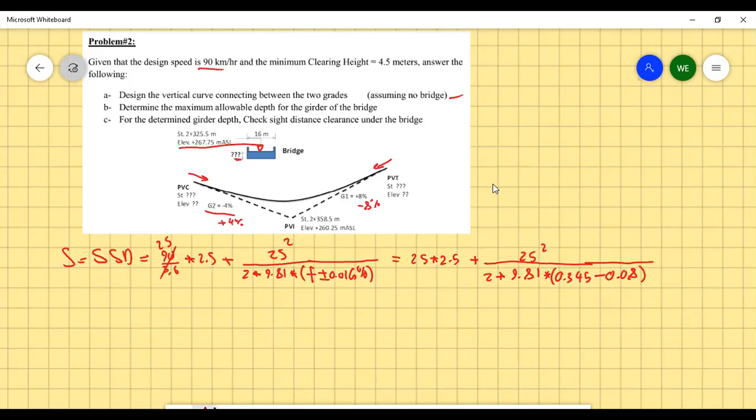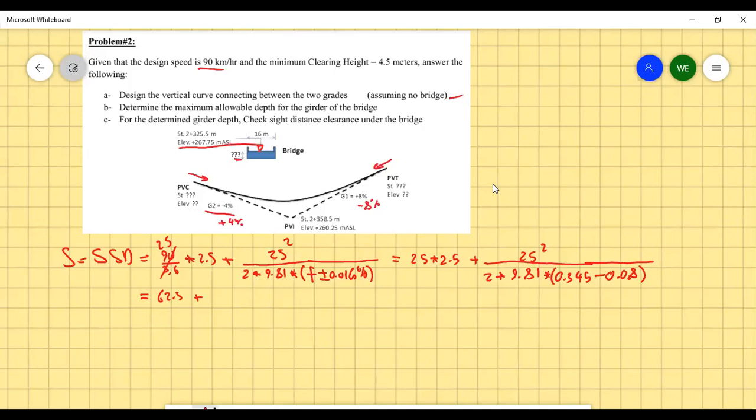So this is basically equal to 62.5 plus 25 squared divided by 2 divided by 9.81 divided by (0.345 minus 0.08), plus 62.5.